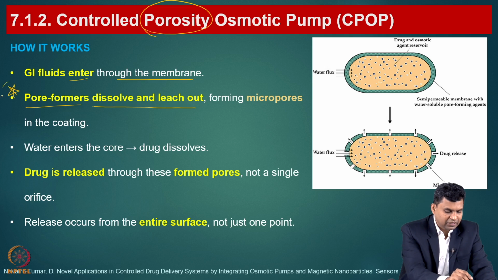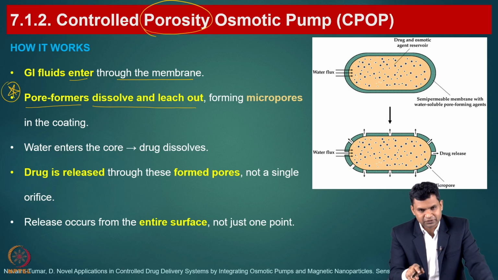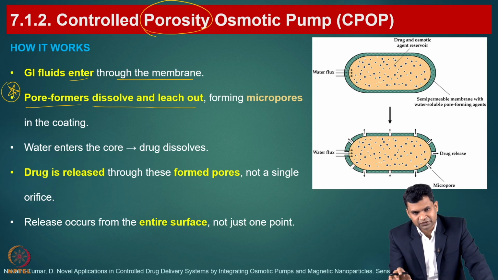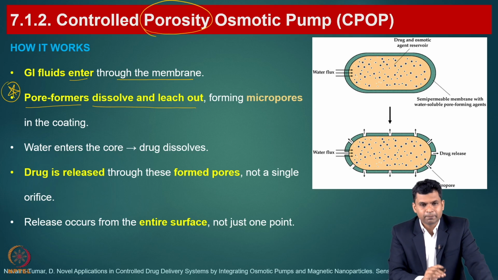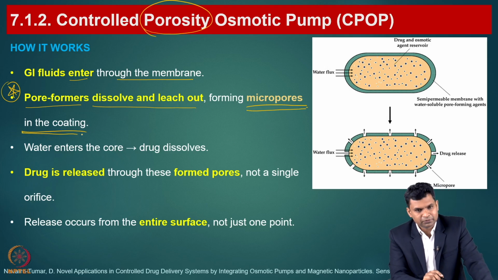This point is important: after water enters through the GI fluid, it goes inside the capsule or osmotic pump, and then it will form the pores, called micropores, in the coating membrane or semi permeable membrane.